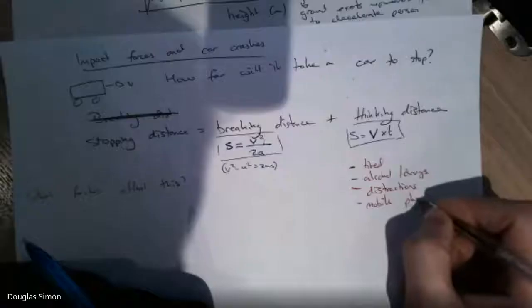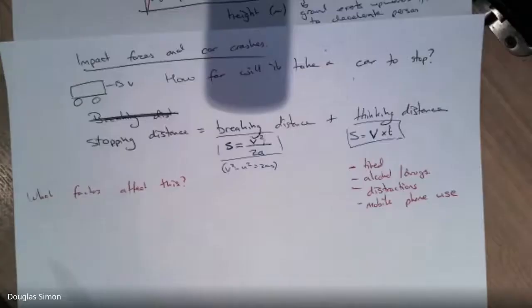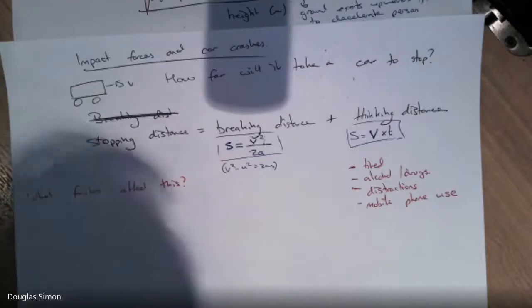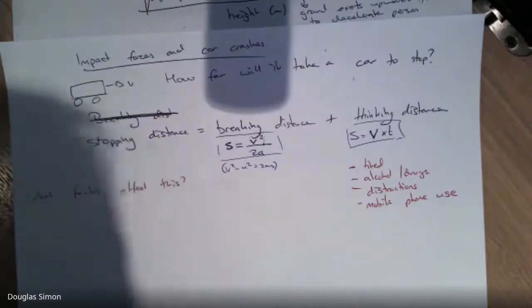Yep. It's like the road being icy or wet. Braking distance or thinking distance? So does iciness cause you to change your thinking time? No. But what if the road's icy, so you're like, I'm going to brake early? Or is it just reaction time?